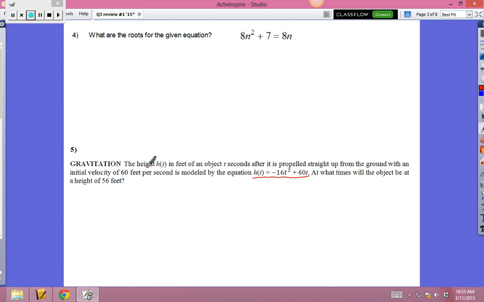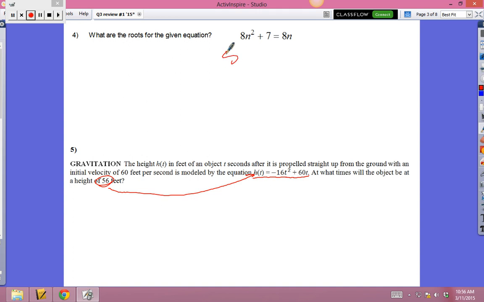This formula models the height of an object after seconds if it is shot straight up from the ground with a speed of 60 feet per second. So they want to know what time it is going to be at 56 feet. So I have to take 56 and plug it into this formula, but 56 is the height. So I'm plugging 56 in for the height.